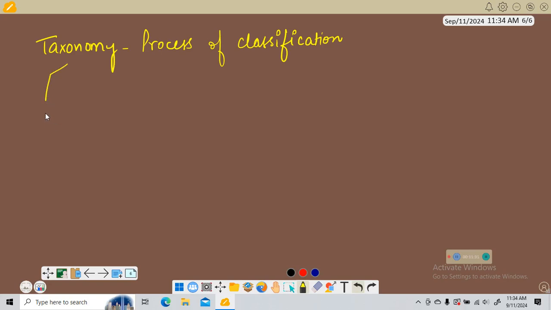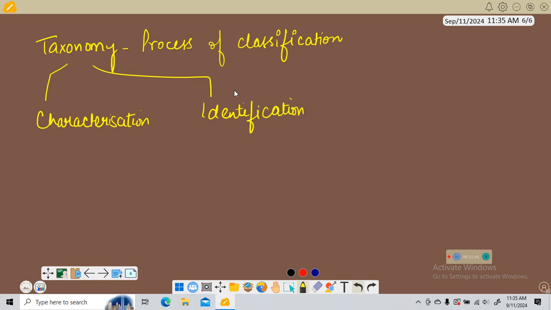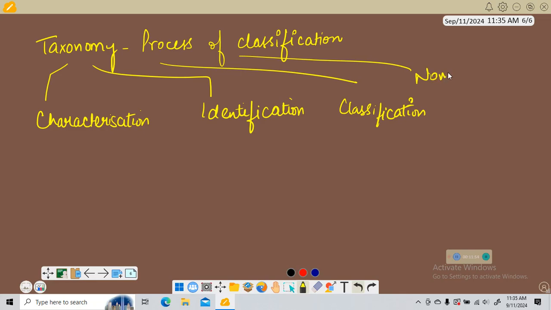Here we have studied characterization, identification, classification and nomenclature.